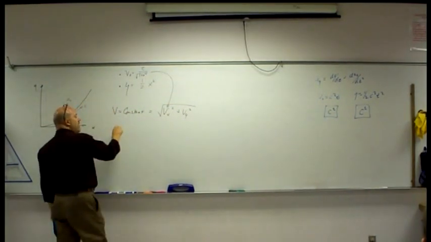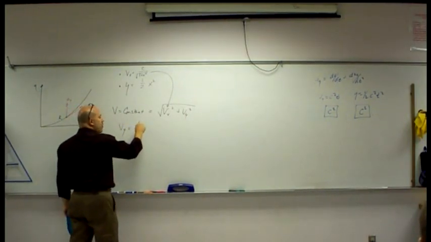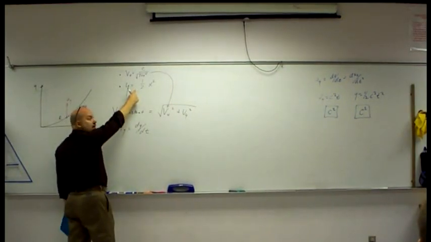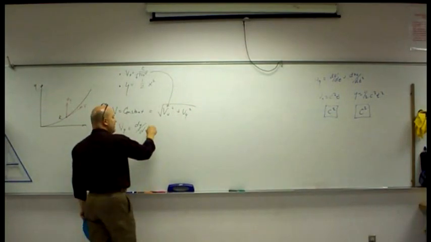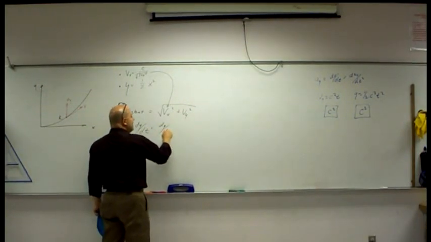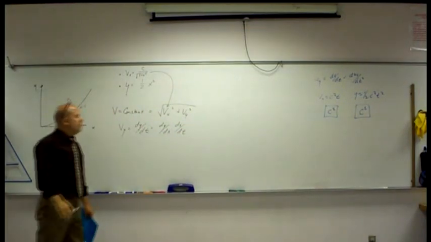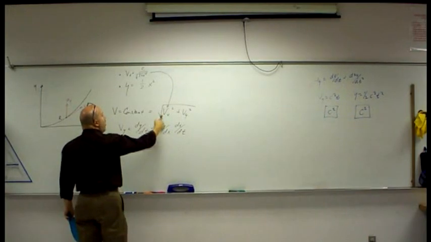So what we need to find is Vy, which is dy/dt. But we have this issue again here, right? So let's do it the fancy way again. This is the same as dy/dx times dx/dt, where y is this.